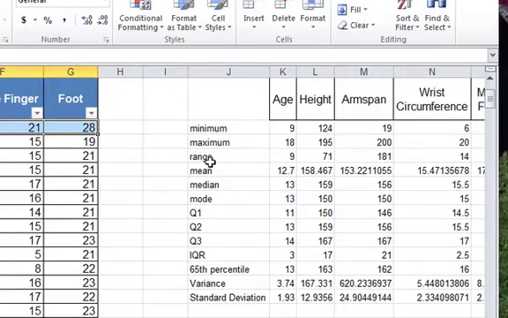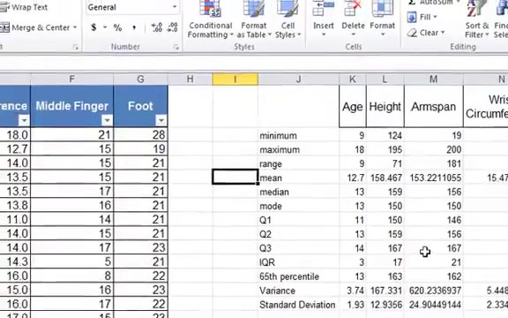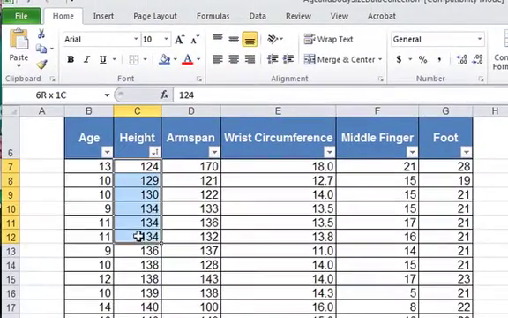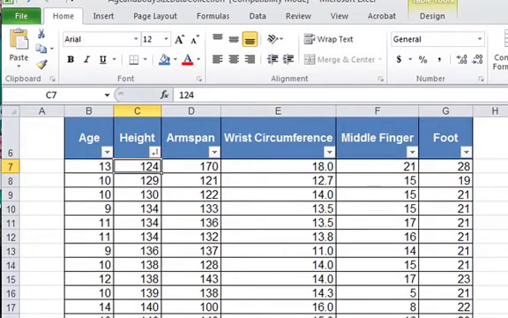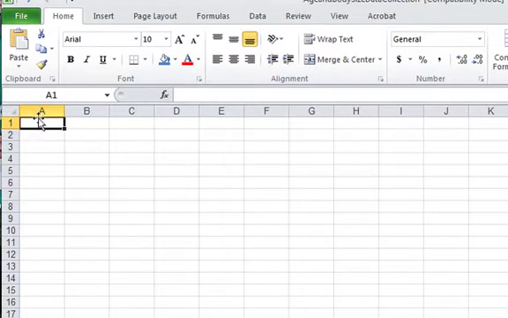All right, so now that I have data that looks a little bit better, what I'm going to do is create a normal curve. So I'm going to add a sheet here, and I want to know how many standard deviations above and below the mean these values are.